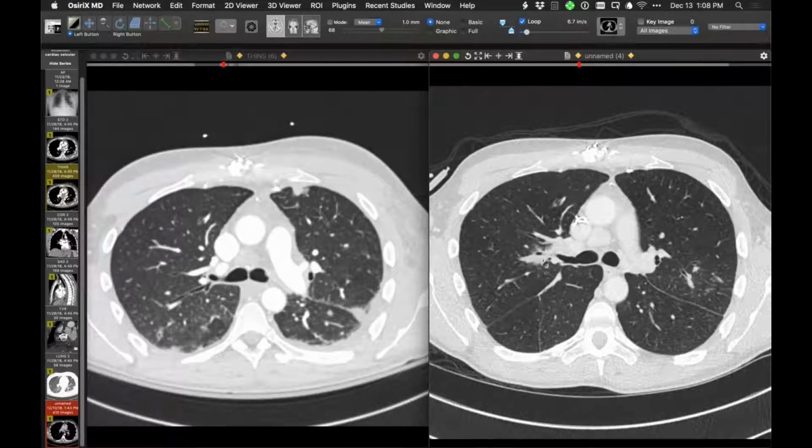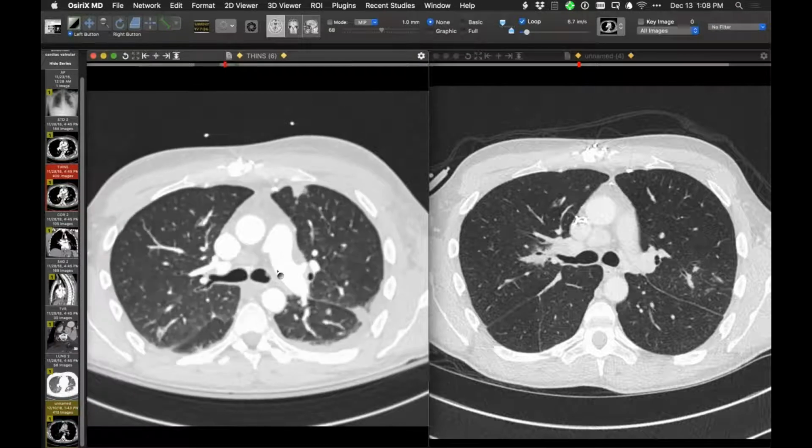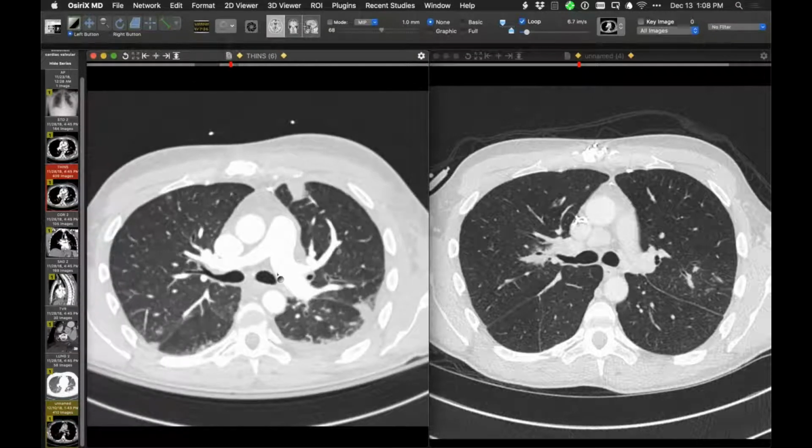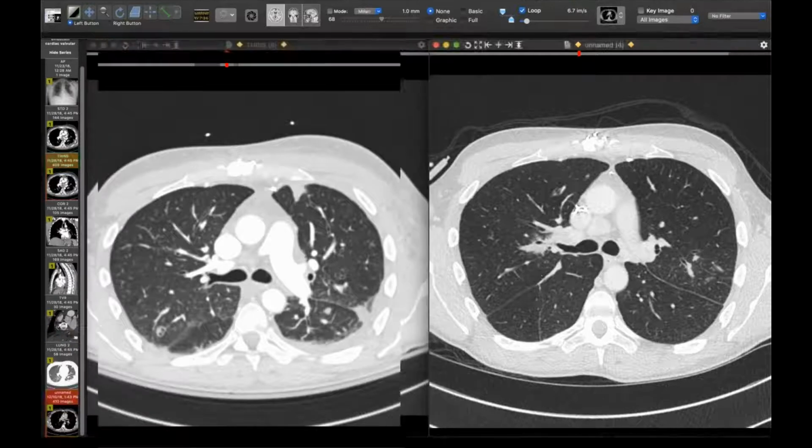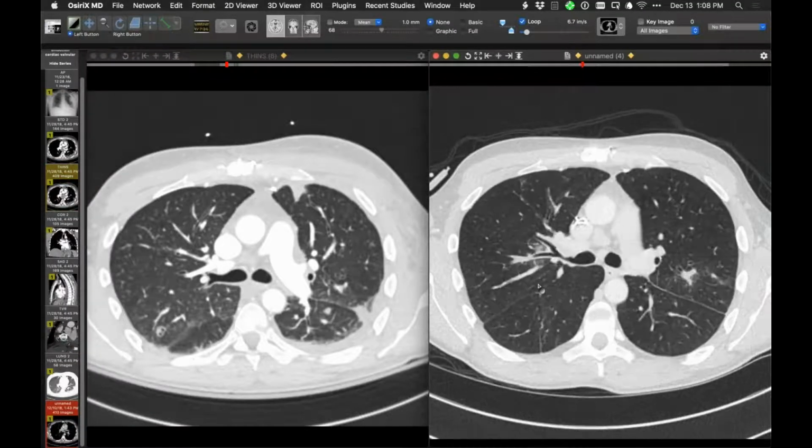And instead of having a nice vessel of normal caliber like that, look what's happened to that vessel. So I wish we had better opacification, but what I think is happening is that we have more vegetations, infected vegetations that are lodging in vessels, and there's a localized inflammatory reaction within and about the vessels like that.